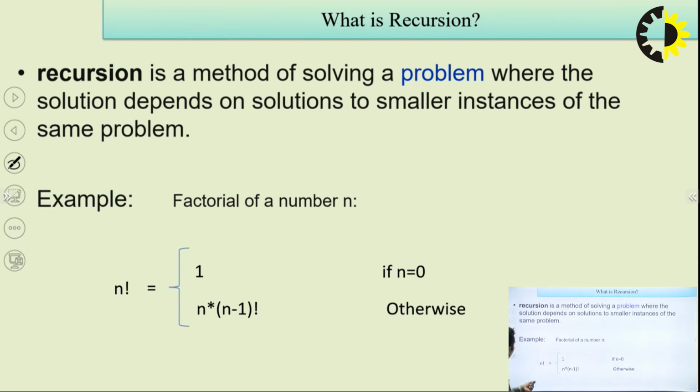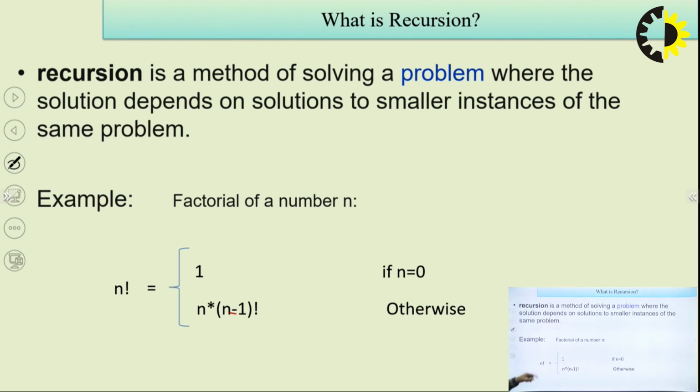Means we are solving the factorial, and this is the main problem, to solve factorial n, and we break this problem into a similar kind of problem. Here also this is factorial n minus 1. Okay. So, we are breaking a big problem into a similar kind of smaller problem until n reaches the value 0. Okay. If n equals 0, then factorial of n will be 1.